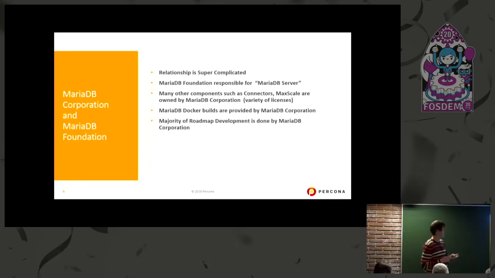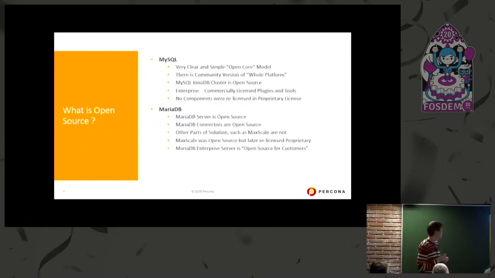For example, the majority of repositories and packages for Linux distributions are managed and provided by the MariaDB Foundation, but then Docker builds are done by MariaDB Corporation, right? So it can be really complicated, in my opinion, to understand who is doing what.